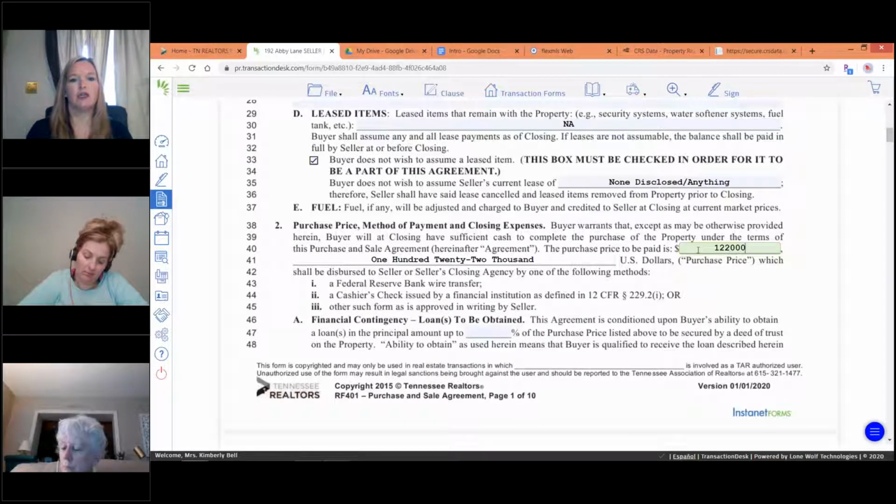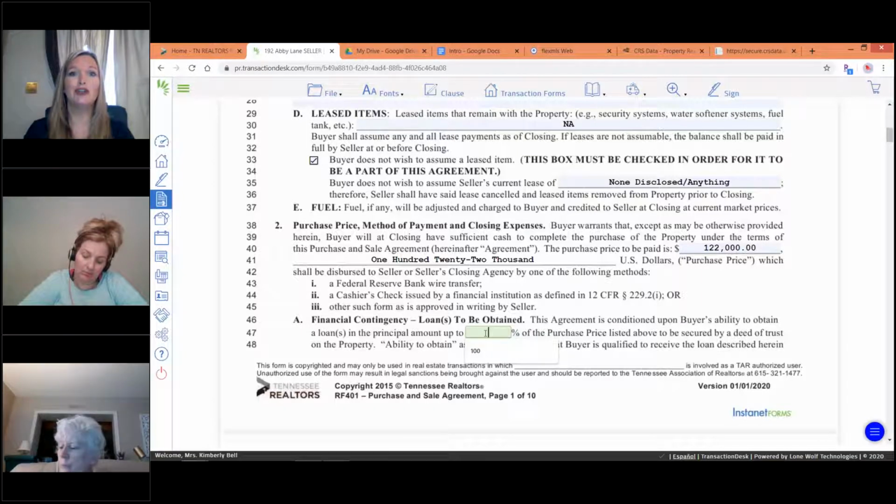And the financial contingency is the buyer's ability to obtain a loan in the principal amount of up to. So you have to know what loans do what and what their pre-qualification letter says, which is why we need a pre-qualification letter in the beginning.